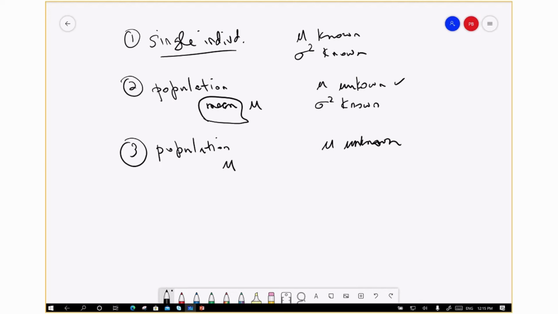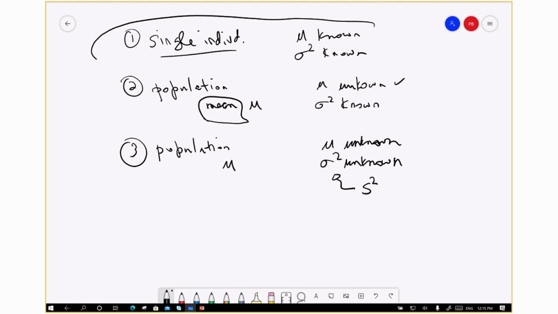But now, more realistically, the variance is going to be unknown, and it's going to be estimated by the sample variance. But this video is going to focus on this topic, thinking about the characteristics of single individuals drawn from a normal distribution in which both the mean and the variance are known.